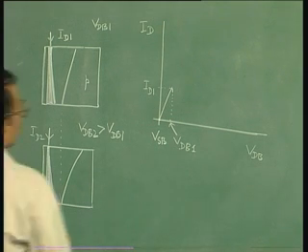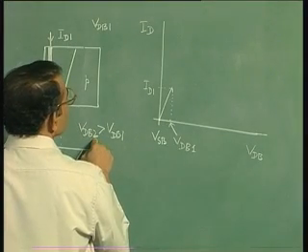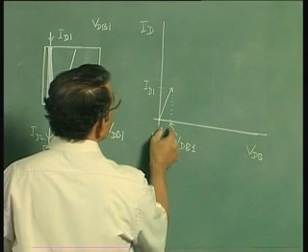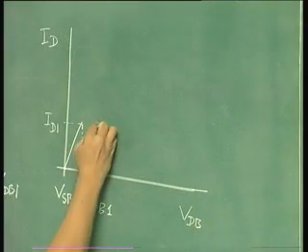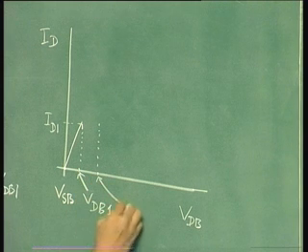So now supposing the VDB2 is such that VDB1 minus VSB is same as VDB2 minus VDB1, suppose it is an equal increment.